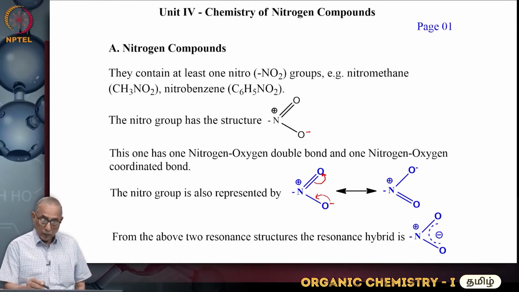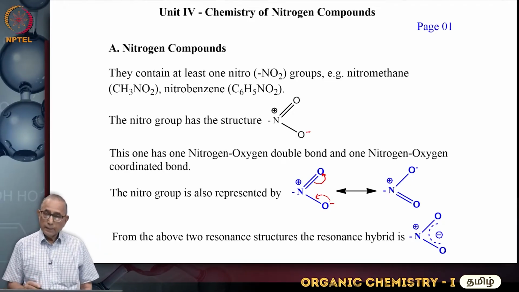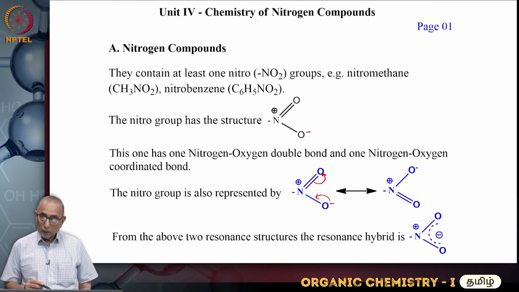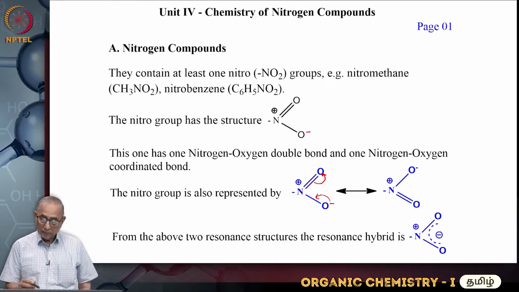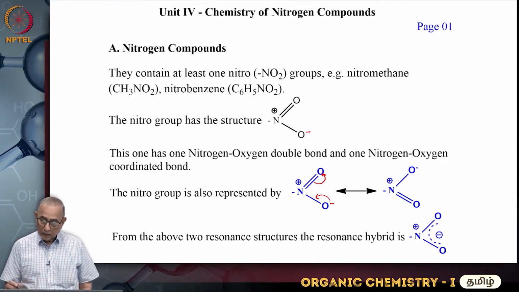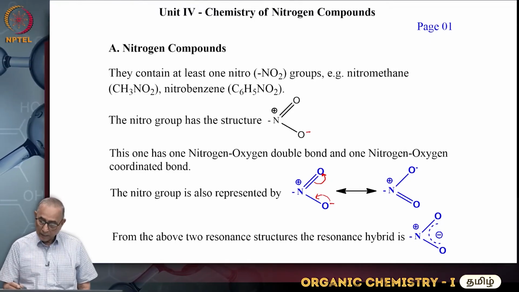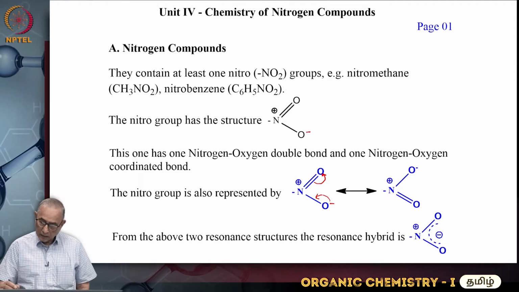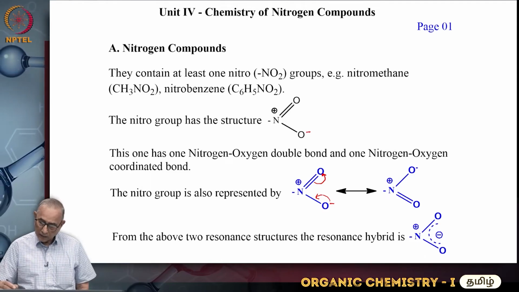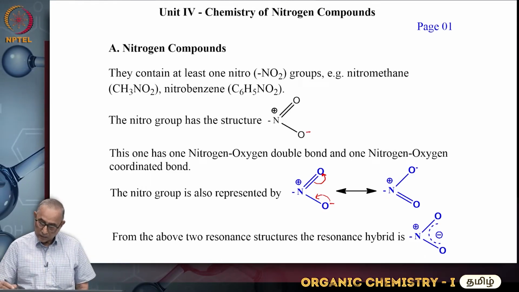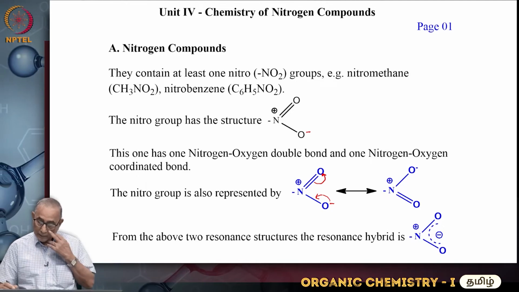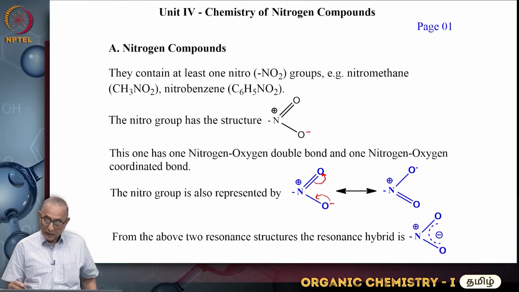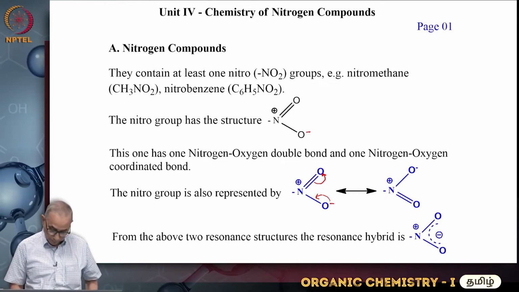So you have two different resonance structures. With resonance structures, the actual molecule is neither this nor that. It is the resonance hybrid in the middle. In this way the negative charge on oxygen is delocalized over all 3 atoms, nitrogen, oxygen, oxygen. Nitrogen itself is positive. This is the actual structure of the nitro group.